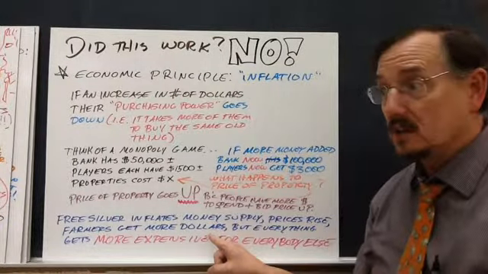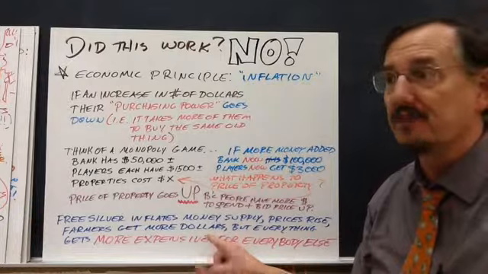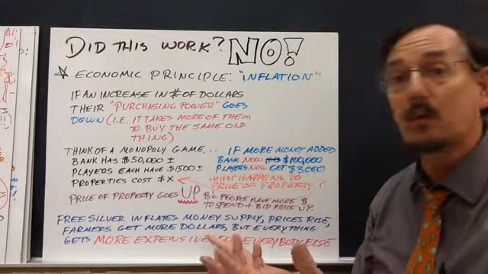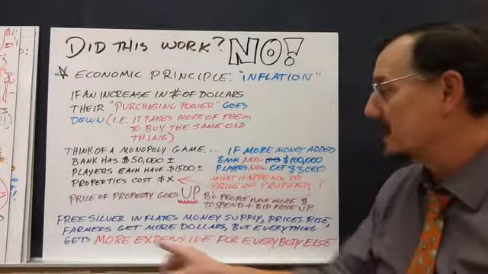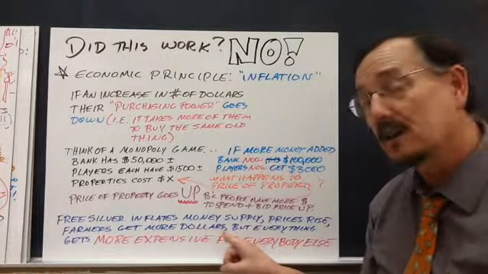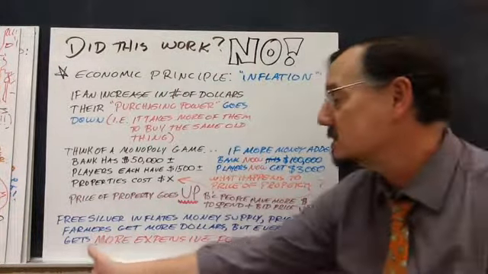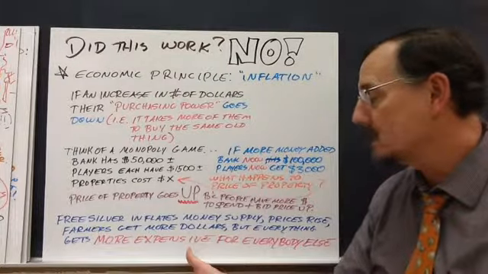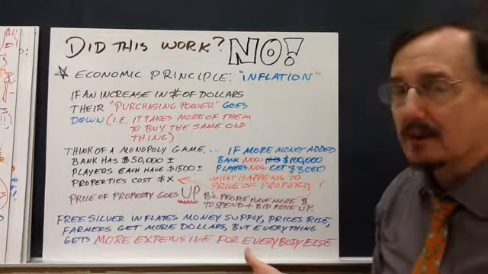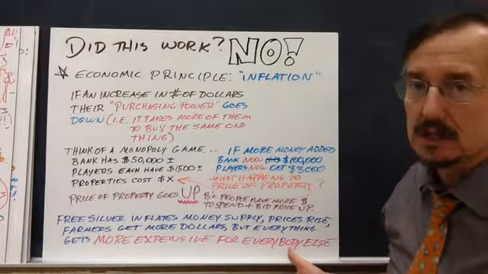Sure. What they used to sell a pound of corn for 50 cents, now they can sell a pound of corn for $1. They doubled their money, right? Farmers get more dollars. But everything else gets more expensive for everybody else.